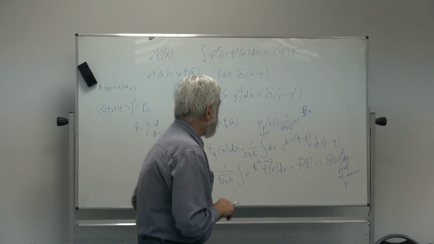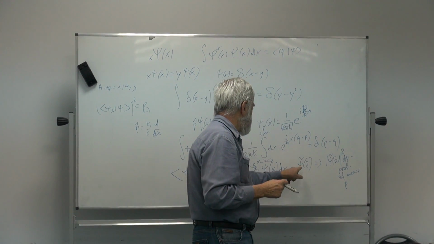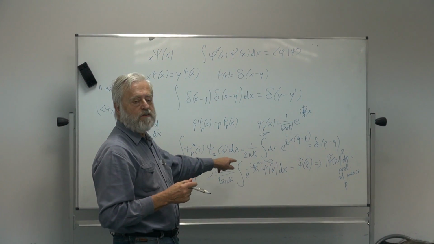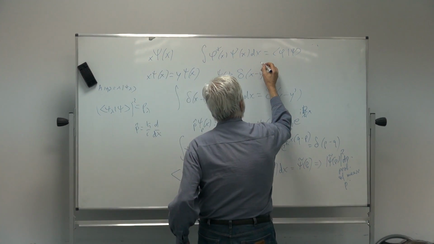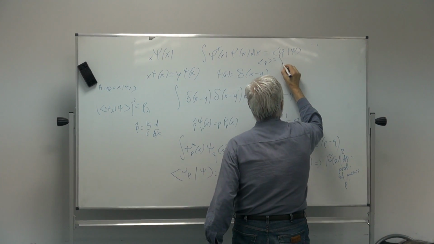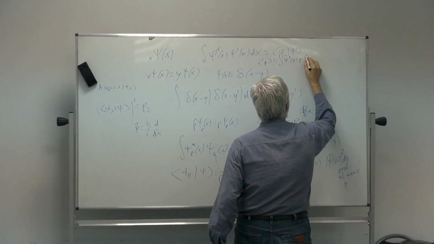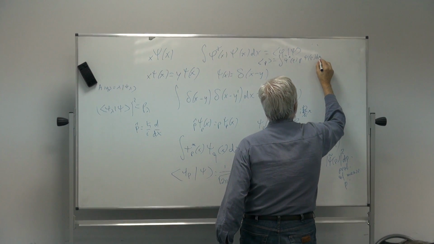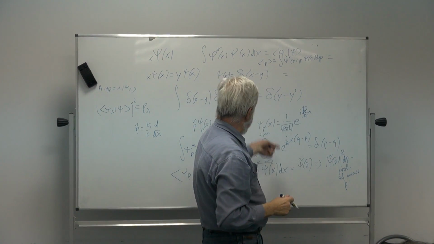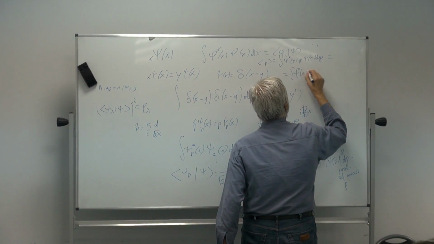Moreover, I can compute various objects, like for instance this psi of p, by taking this Fourier transform. Or I can compute, say, the mean value of momentum, either by taking the Fourier transform of p times psi of p, or by applying Fourier transforms like this and applying this delta, using the position representation, as we call it.